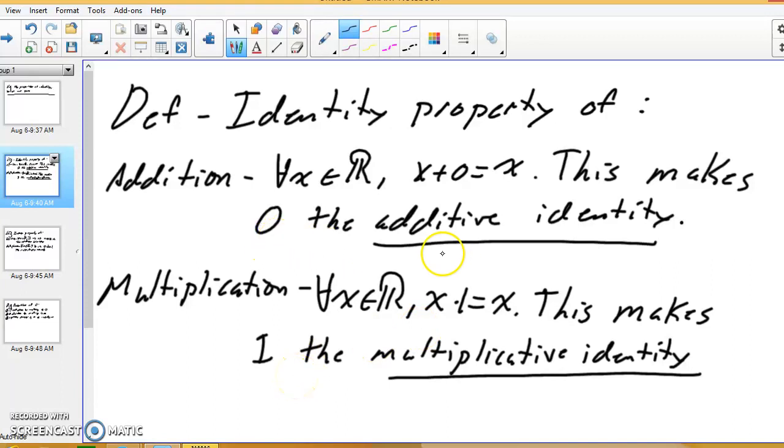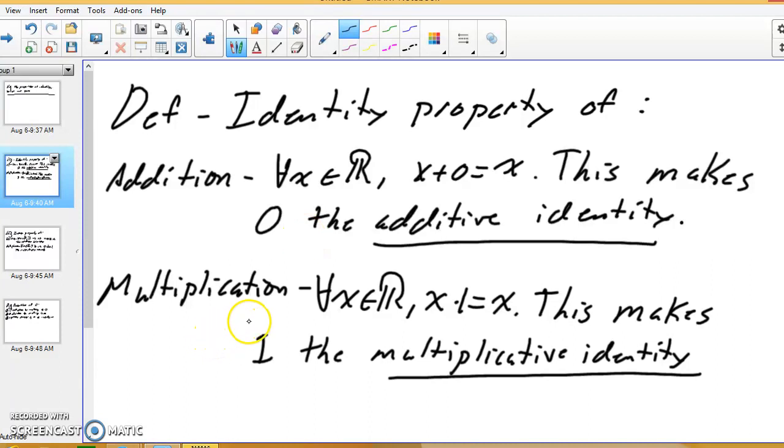So like 0 is what is known as the additive identity, 1 is the multiplicative identity, because if we multiply a number by 1, it gives us its original identity. So again, kind of an abstract idea, but for every single real number, there's only one additive identity, that is 0.